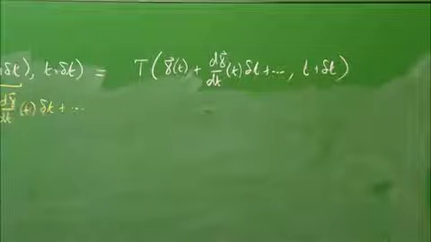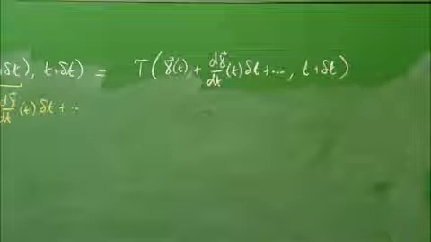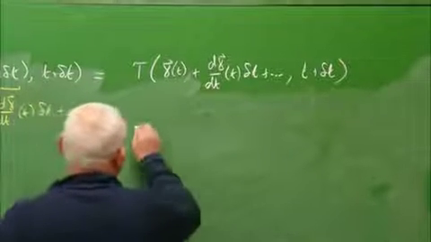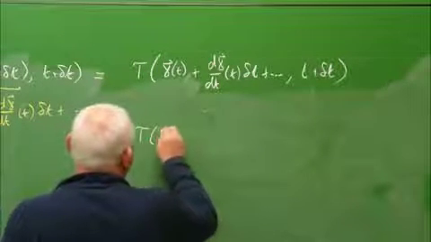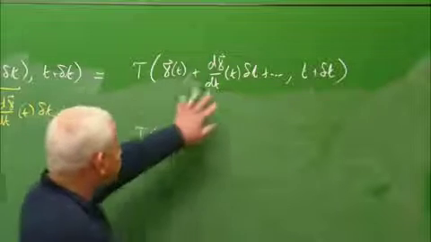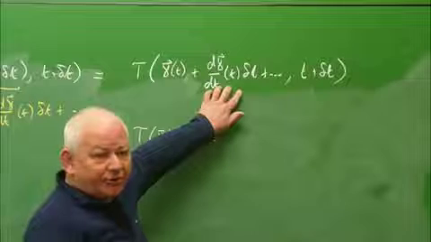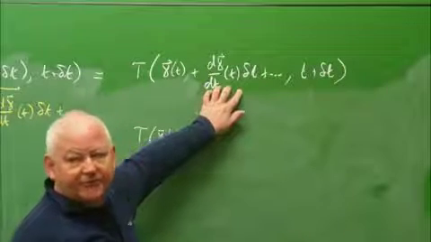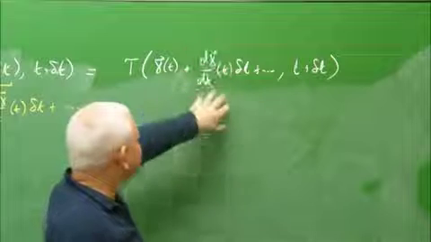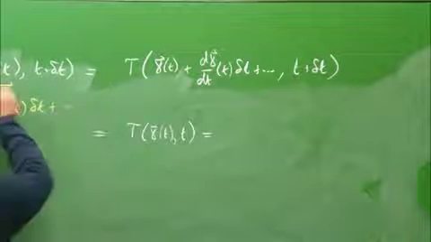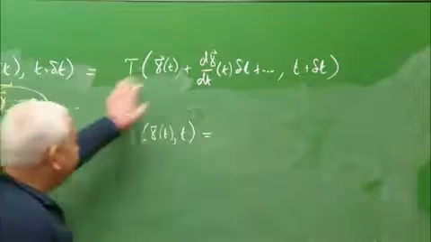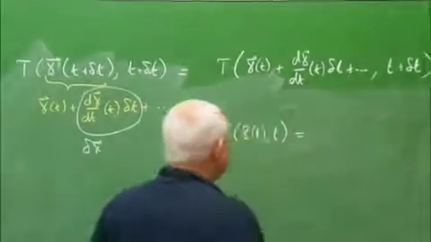I now apply the Taylor series to the function T, and what I get is T evaluated at gamma of t and t, and then I've got a small quantity which augments each of the arguments. In this case it will be delta x, delta y, delta z, which is given to me by d gamma dt. So this is, if you like, delta x, and this is t plus delta t.